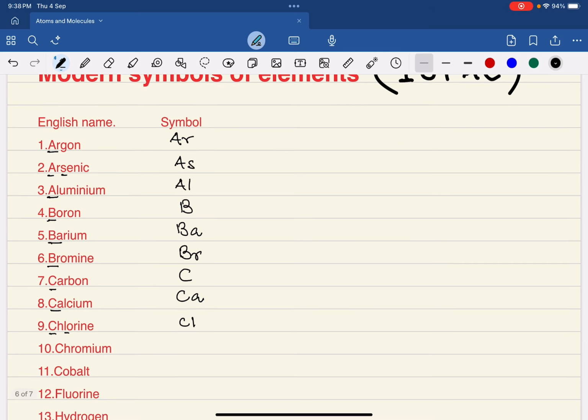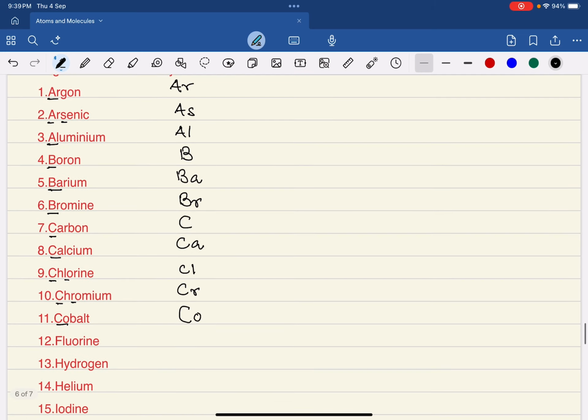In case of chromium, the first letter C and third letter R are used, that is Cr. In case of cobalt, the first two letters are used, in which C is a capital letter and o is small. If both letters are capital, then that is carbon monoxide, so please be careful: carbon has a capital letter and oxygen a small letter. In fluorine, only the first letter is used, F.